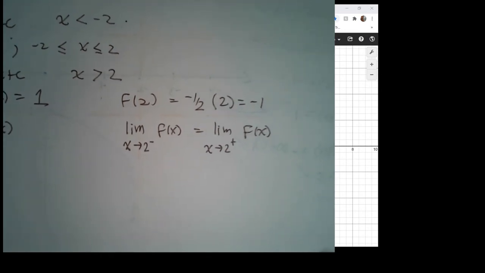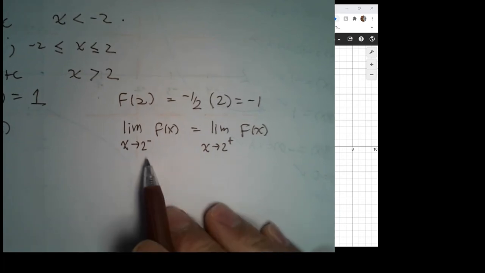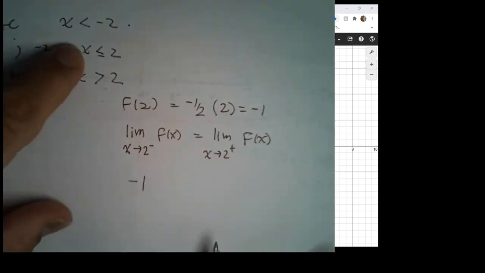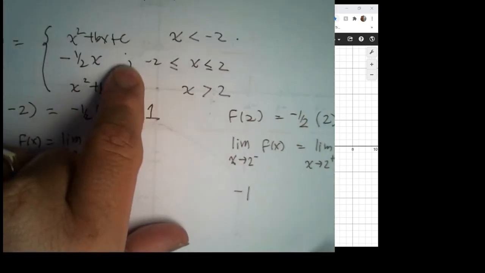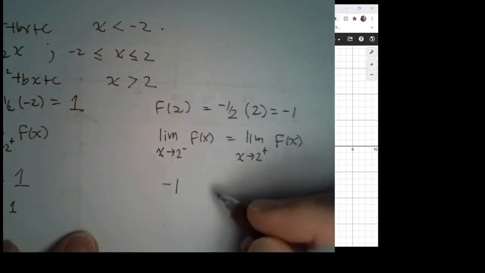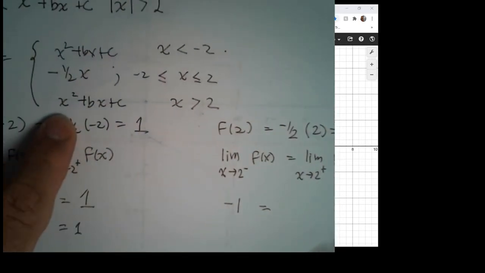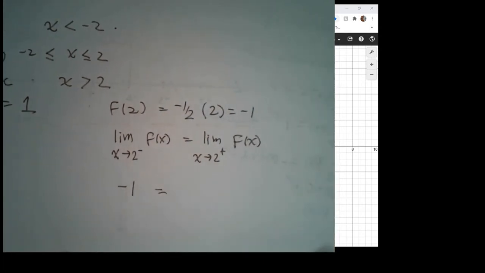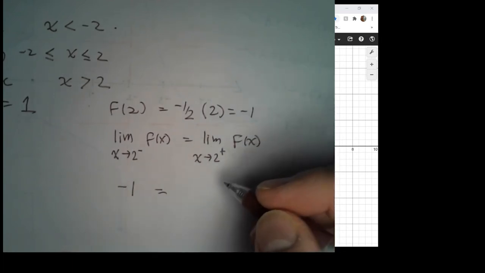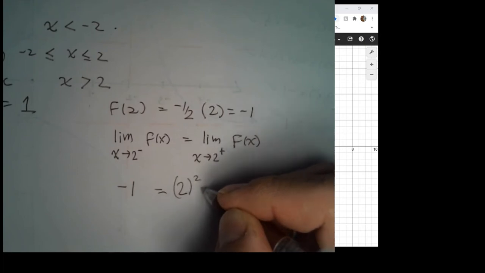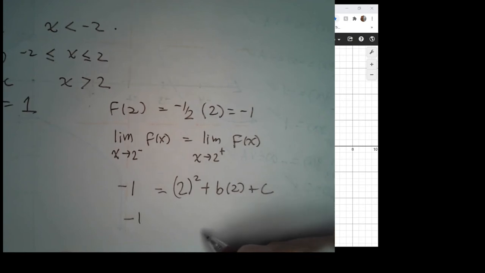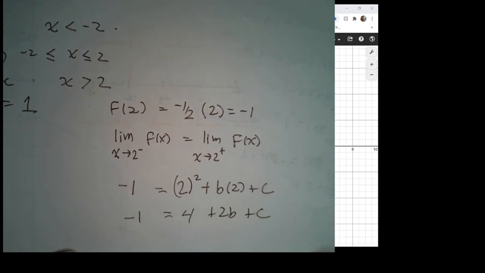From the left side, that's going to be the value of negative 1, values less than 2, the linear part. And on the right side, values bigger than 2, that is the quadratic function. We can just plug that in since it is a polynomial and I'm not dividing by 0. Then we have negative 1 equals 4 plus 2b plus c.